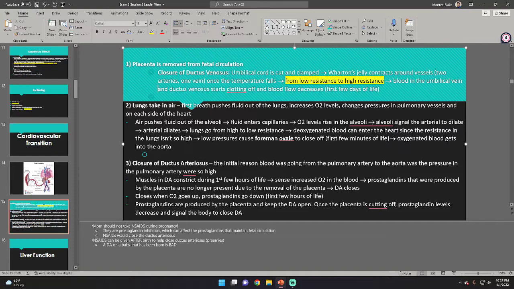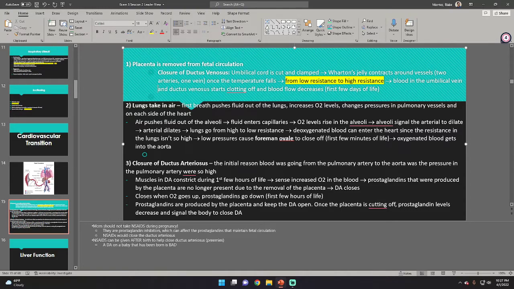Prostaglandins that were produced by the placenta are no longer present due to the removal of the placenta. The ductus arteriosus is closing. It closes when oxygen goes up and prostaglandins go down in the first few hours of life. Prostaglandins are produced by the placenta and keep the ductus arteriosus open. Once the placenta is cut off, prostaglandin levels decrease and signal the body to close the DA.